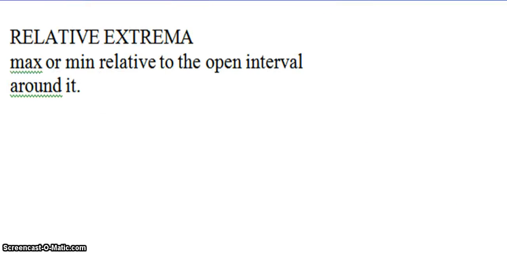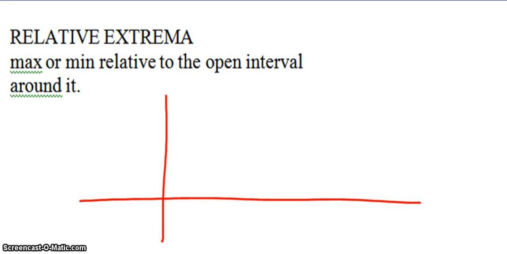Okay, so let's look at some pictures of examples again, just to make sure we understand the idea of relative extrema. So let's just make up a picture. Let's say this is -1. I'm going to call this A. I'm going to call this B. I'm going to call this 4.